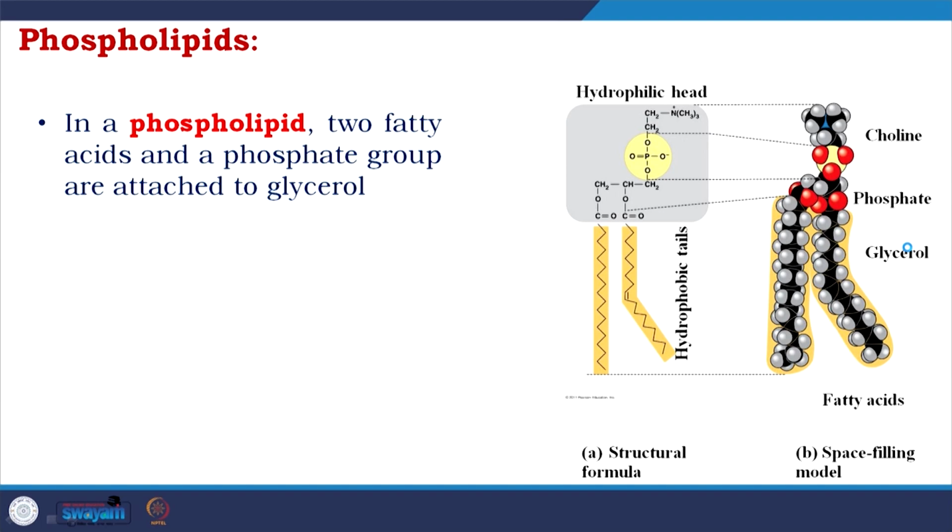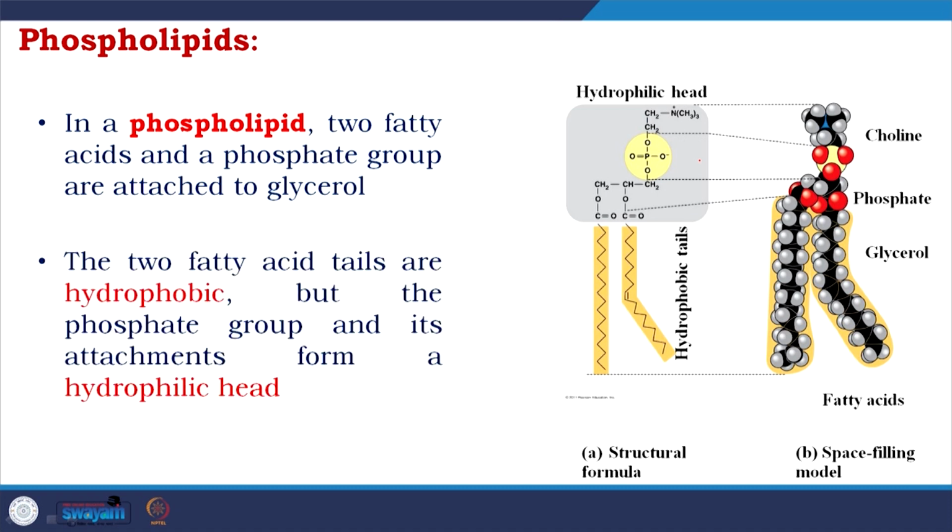Coming to phospholipids, in a phospholipid, two fatty acids and a phosphate group are attached to glycerol. If you see, this is glycerol, CH2OH, CH2OH and CH2OH, two of them are occupied by fatty acids and the third one has the phosphate group. The two fatty acid tails are hydrophobic, as we know before, but the phosphate group and its attachment form a hydrophilic head.